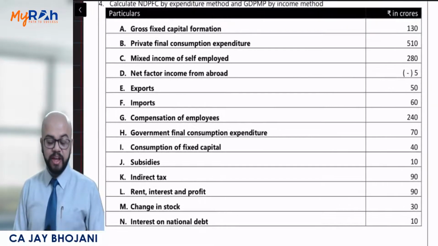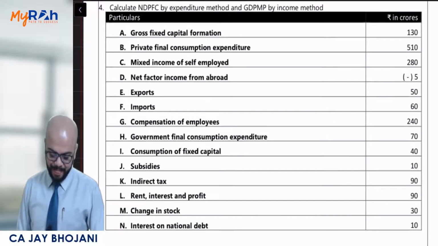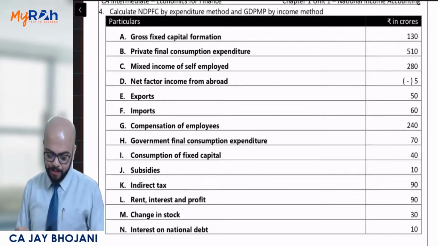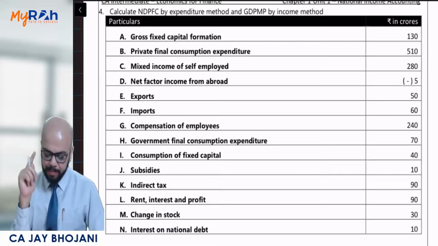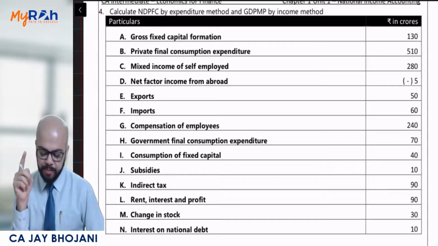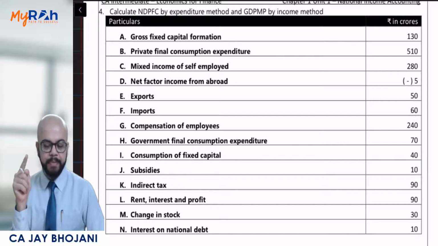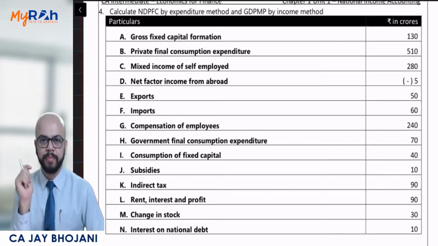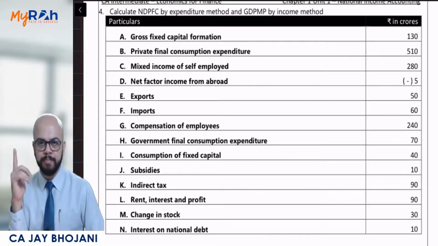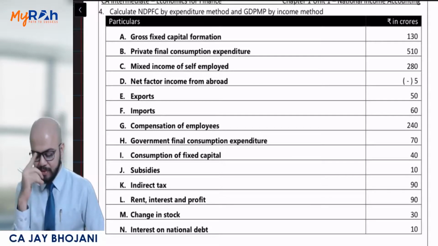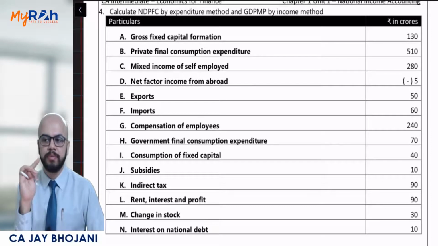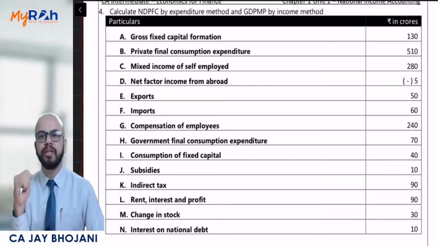They ask it for 5 marks. Now, calculate NDP-FC by expenditure method and GDP-MP by income method. Now, this is quite different from what those methods are originally designed to calculate.